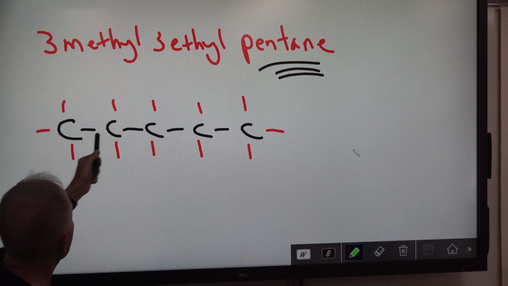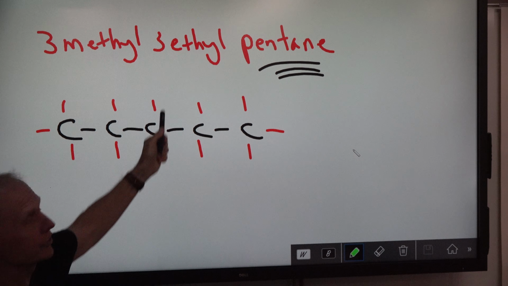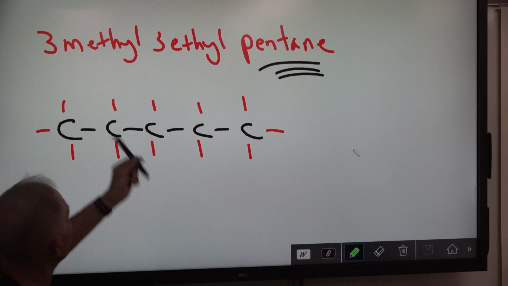So, off the 3rd carbon, there's a methyl, and off the 3rd carbon, there's an ethyl. So I'm going to put a methyl right here. There's my methyl, and then I can put an ethyl down below it. So, there is one of the isomers for octane.